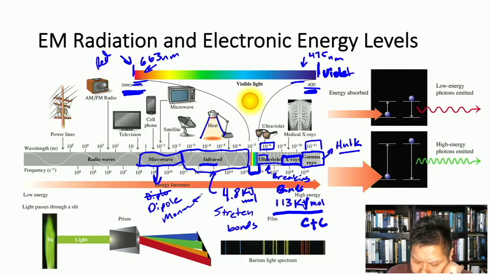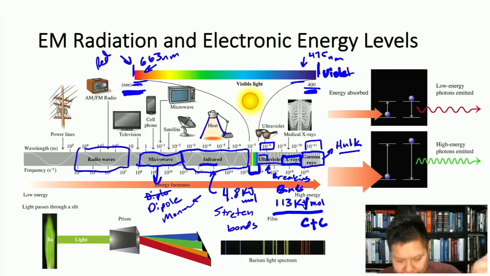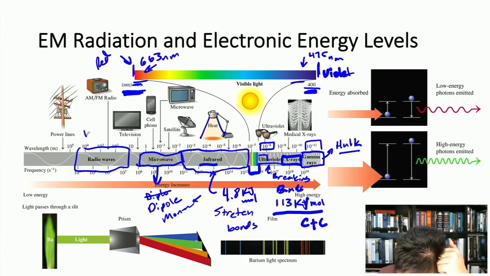And then, if we go even further down, we have radio waves, and in radio waves, that energy is super small, very big wavelength, because we're at like 10 to the 3 now. It's a pretty big wavelength.